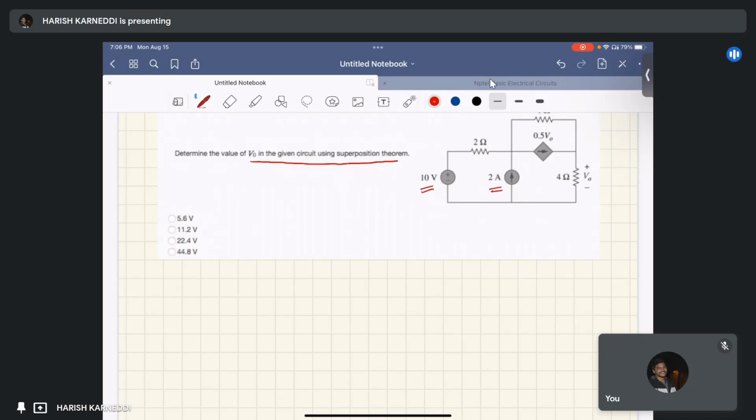The response here is V naught, the response across this 4 ohm resistor. It is the same as when the 10 volt source is acting alone plus when the 2 ampere source is acting alone.